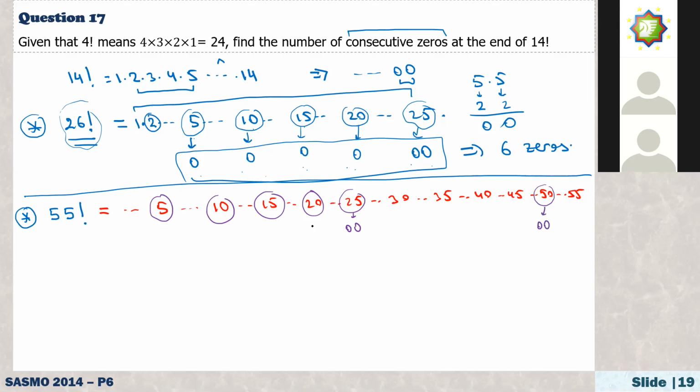And all others only 1. So actually from 5 to 55, we have 11 multiples of 5. But among these we also have 2 powers of 5, that is 25 and 50, because they create 2 zeros. So now I need to add 2 more, right? So how many zeros? There will be 13 zeros at the end of 55 factorial.